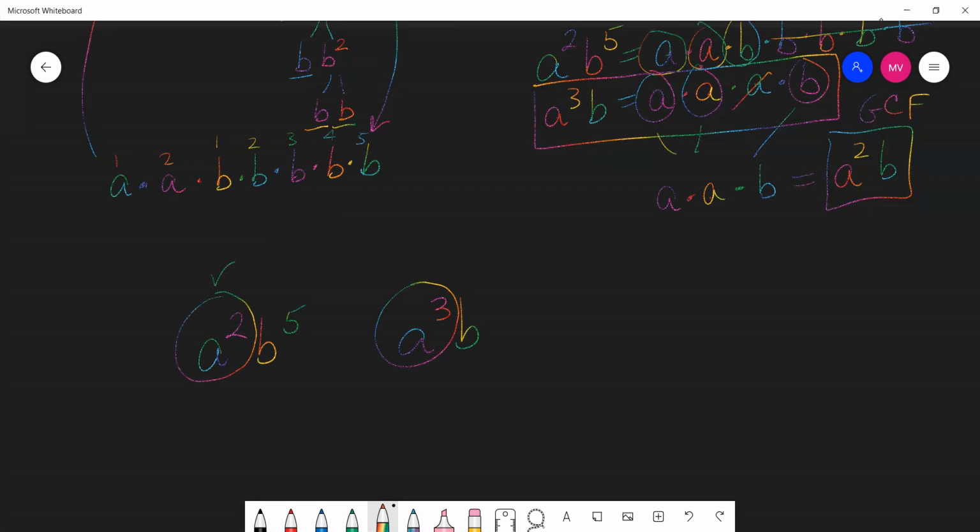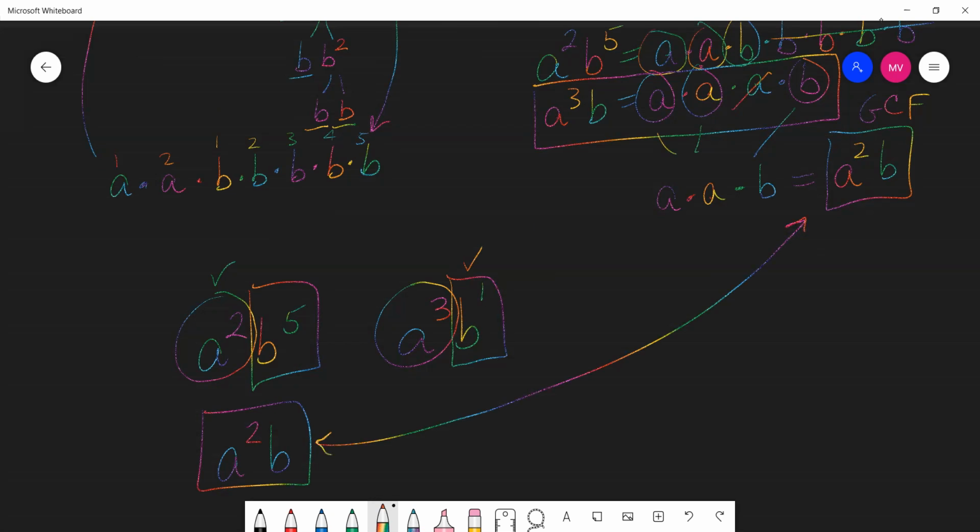You find that it is a squared, so a squared exists in both. Now I'm going to look at my b's, b to the power 5 and b. Which one has the lowest exponent? Remember, anything that doesn't show you the exponent has an assumed exponent of 1. Therefore, I have just b. So I'm going to put that one down in my greatest common factor. See how those match? That will always work. Always.